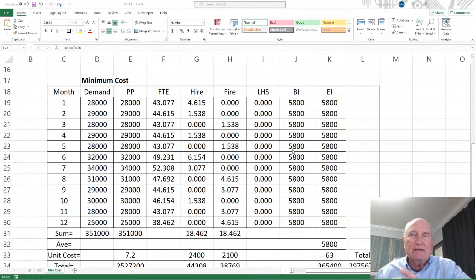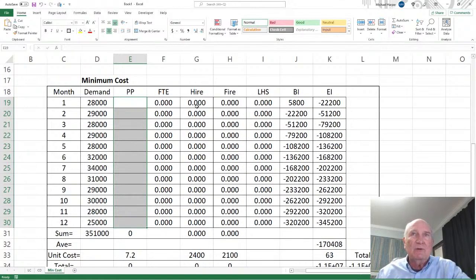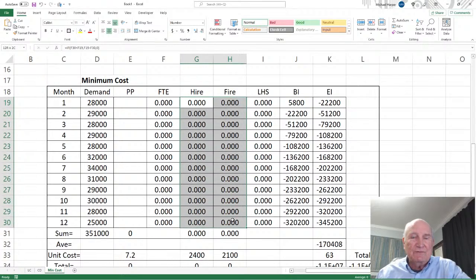All these are connected somehow, some way. You can do this in a lot of different ways, and the way I'm going to do it is with the production and hire and fire. Therefore my FTEs have already been calculated, so notice these are calculated. My production plan, let's zero these out, is going to be my decision variable, and then the hire and fire are going to be my decision variables.